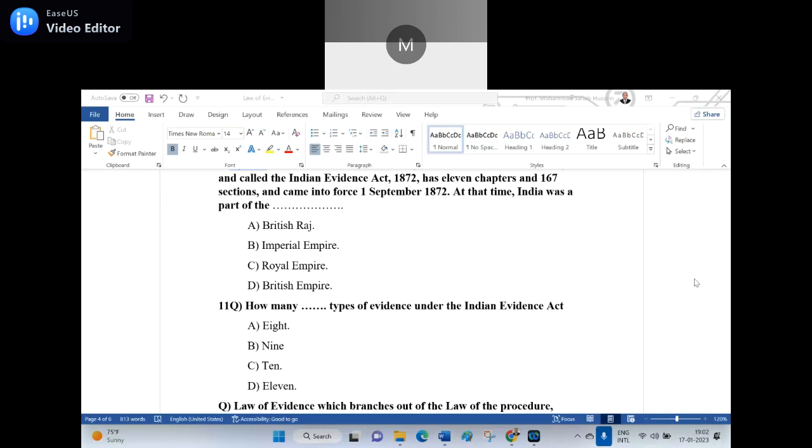How many dash types of evidence under the Indian Evidence Act? The answer is 10, means C. There are 10 types of evidences under the Indian Evidence Act.